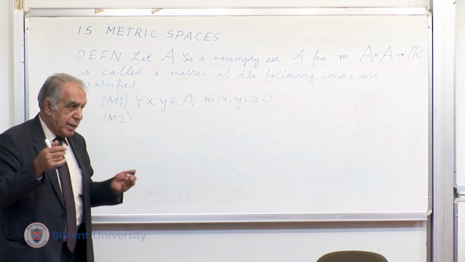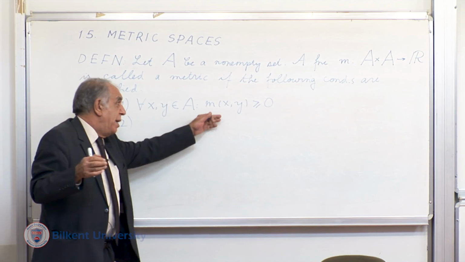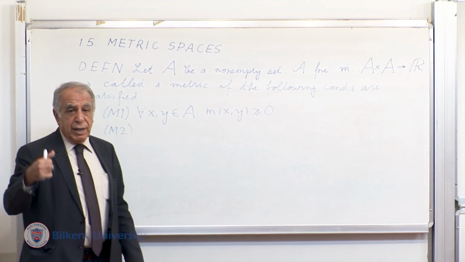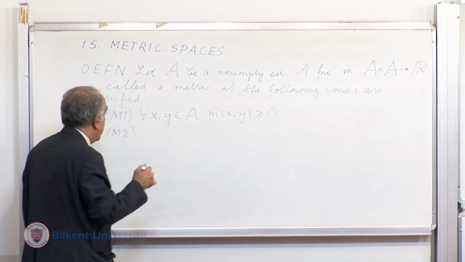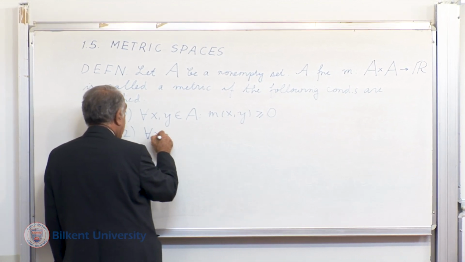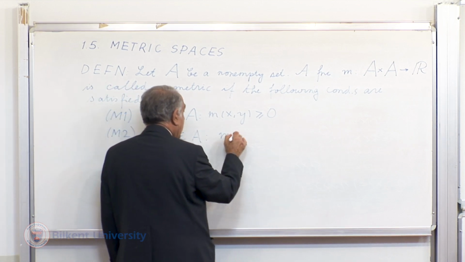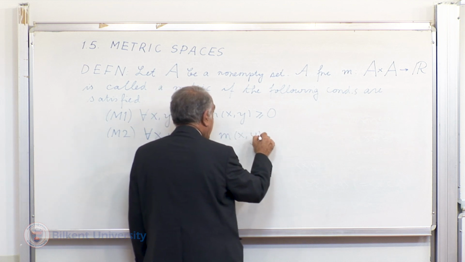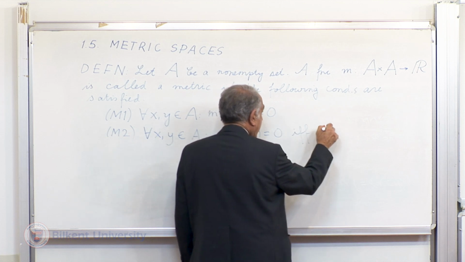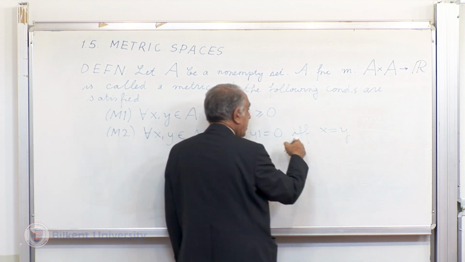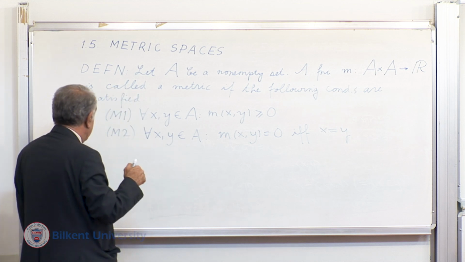If x and y are the same, they're equal, then the distance is 0. And if that distance is 0, that should in turn imply that x and y cannot be distinct. That is, for all x, y in cap A, M(x,y) equal to 0, if and only if, so this is an arrow in both directions, x equals y.